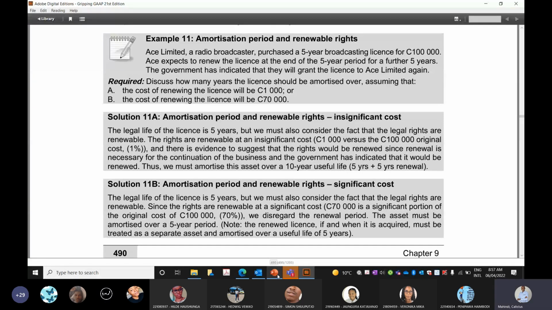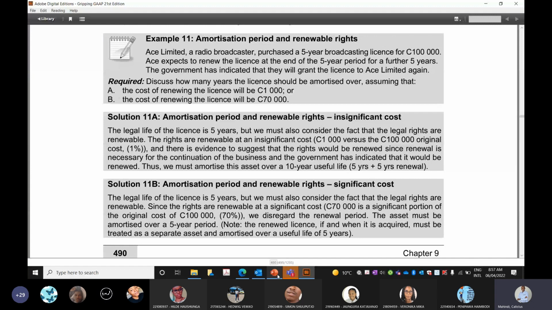There was a gentleman that wanted to answer. Let me just speak under correction. At first we were to capitalize the 100,000. I think the second one we also have to capitalize the 1,000. We debit intangible asset and then we credit, then I don't know.